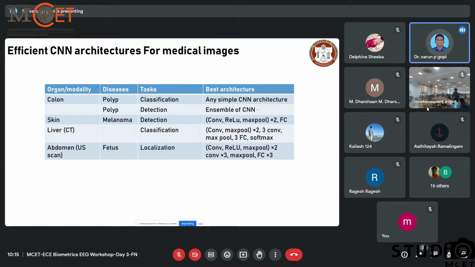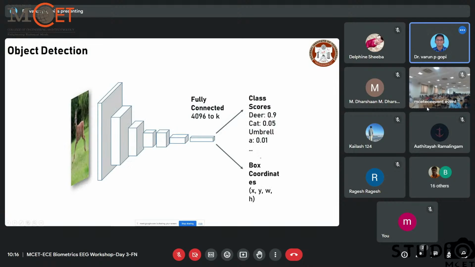For detection, an ensemble of CNNs, that is a combination of one or more CNN networks. Then for skin melanoma, you can go with a fully convolutional neural network with 2 fully connected layers. For liver CT classification, a maximum of 2 to 3 convolutional layers with 3 fully connected layers and softmax. And for abdomen ultrasound scans, we can go with 2 or more convolution layers with a fully connected layer.